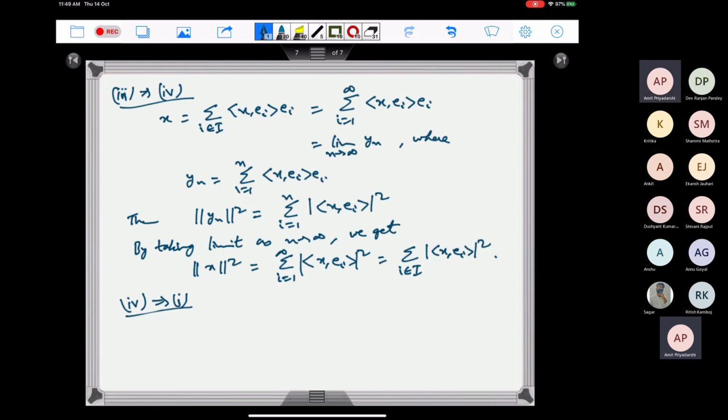So 4 says that this Parseval's identity is true. Then we have to show that the orthonormal set is complete. So if it is not complete, then what do we get?